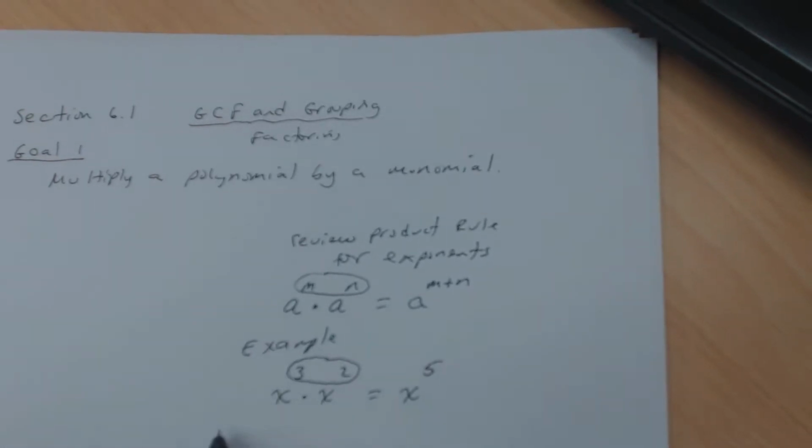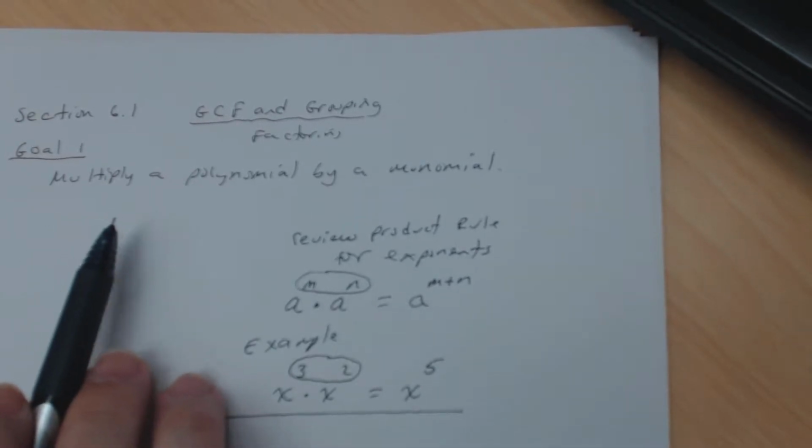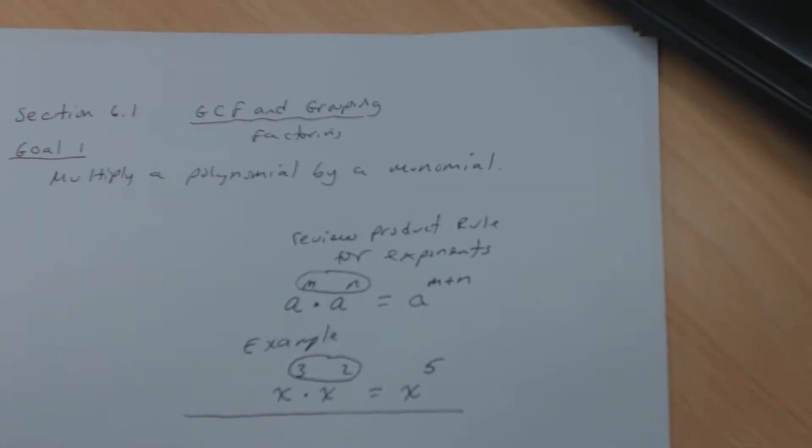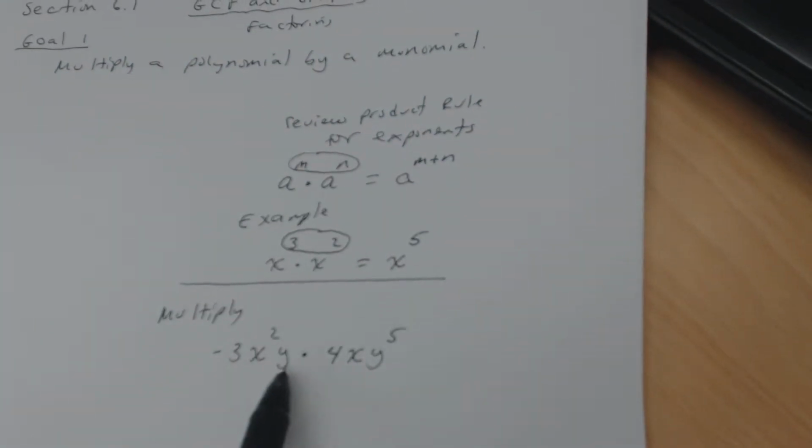Another thing we need to review that's going to be needed for this part is this. Let's multiply negative 3x squared y times 4x y to the 5th.